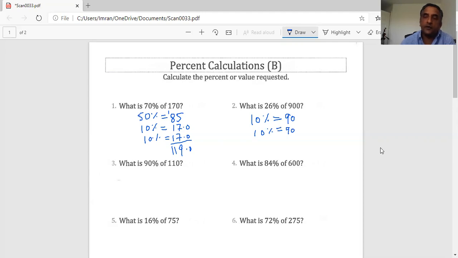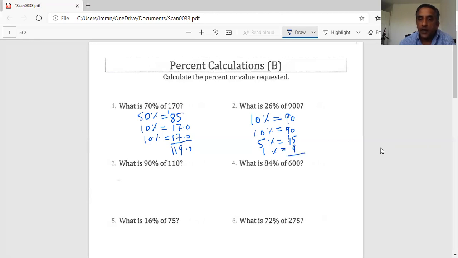Now we have to find 5%, and because 5 is half of 10, we can halve 90, so it will be 45. Then we can work out 1%. For 10% we move the decimal one place to the left, and for 1% we move another place to the left. So it's 9.